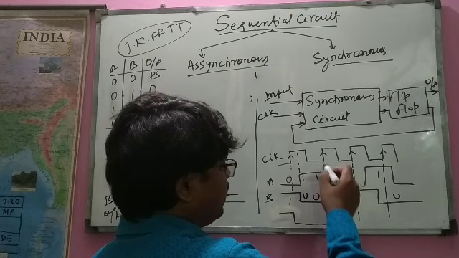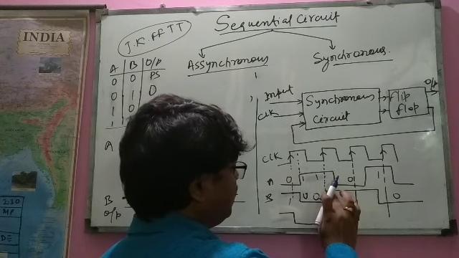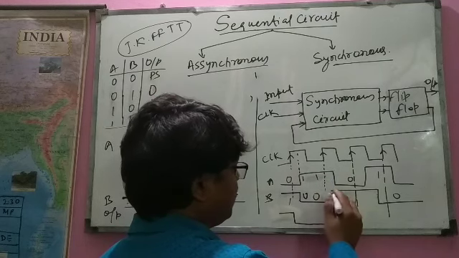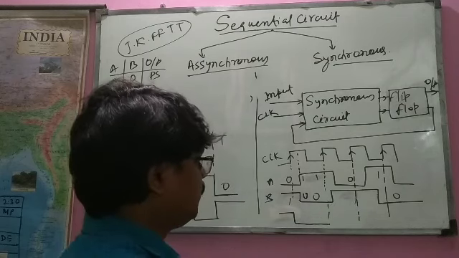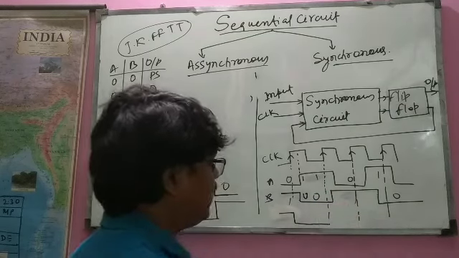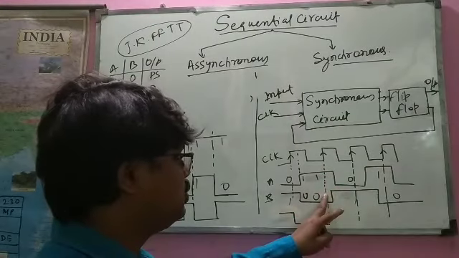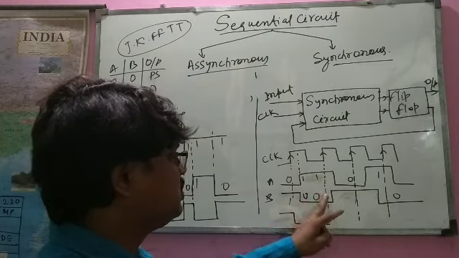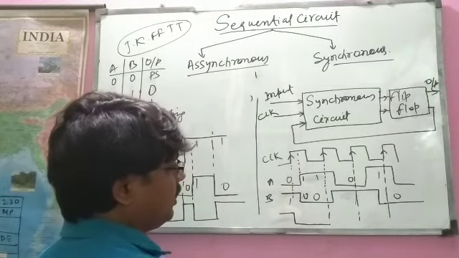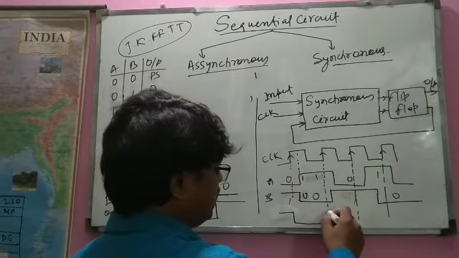At this clock it will check the value of the input. At this point it is 1 and it is 0. So according to this value, 1 and 0, it will change.